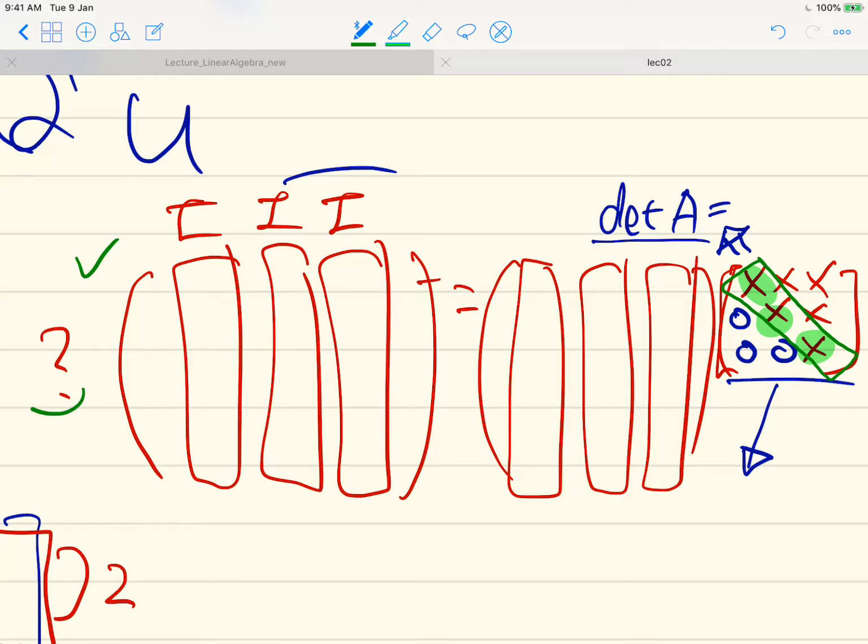Here I didn't even specify the number of rows in our Q, so it can be maybe 5, okay?